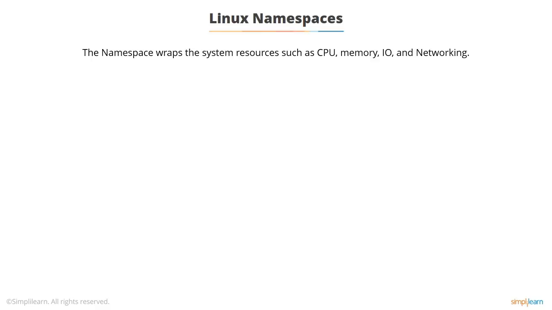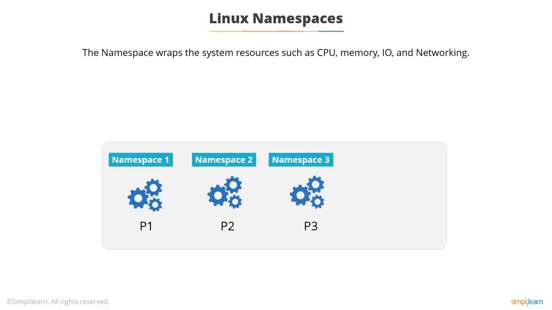A namespace wraps some system resource like CPUs or memory or I/O or networking. Then you put processes into a particular namespace or a set of namespaces, and it appears to the process that it's got its own instance of some global resource, but actually it's not necessarily the full set of the resource. It's an important thing for this containerization technology.